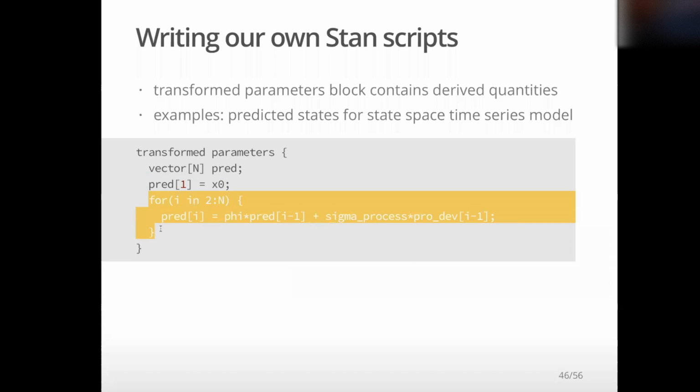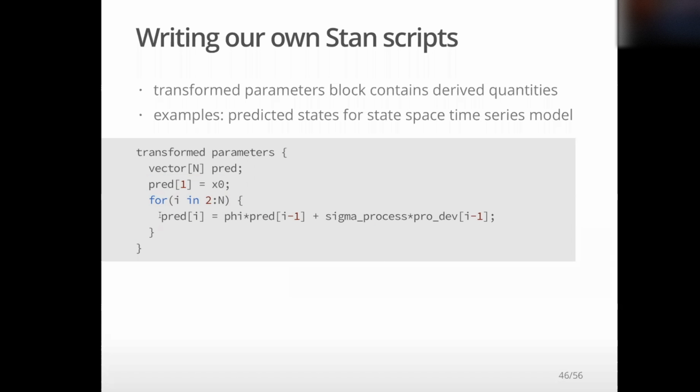And then we just have a loop where, at each time step, the predicted population size at that time step is the predicted population size one time step before, times some density dependence or autoregressive 1 parameter phi, times our process error deviation.